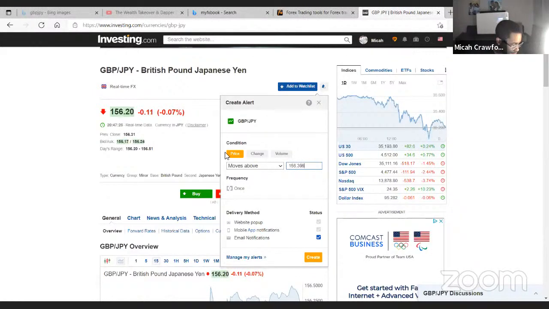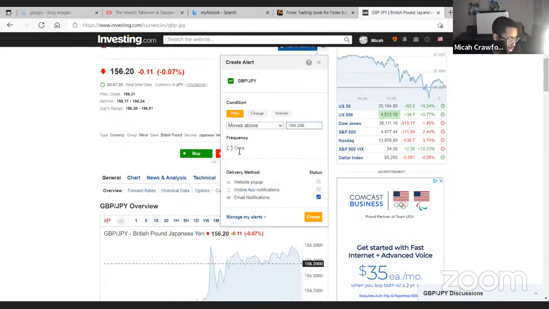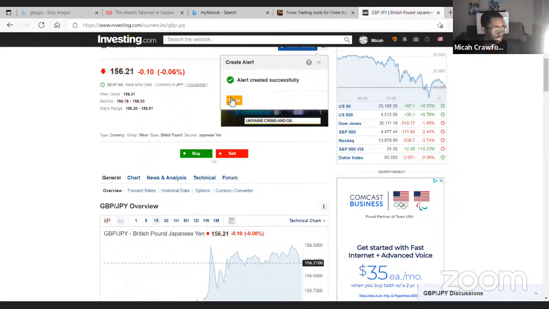I can't change the frequency, but I am going to put mobile app notifications, and then hit create. All right, so as you can see, the alert was created.